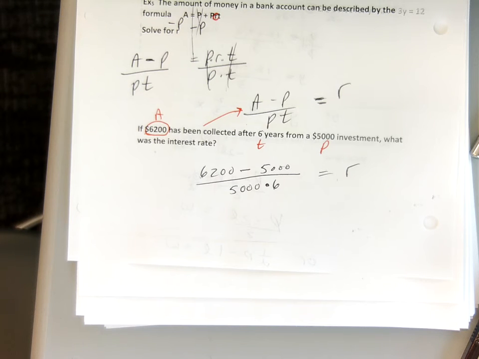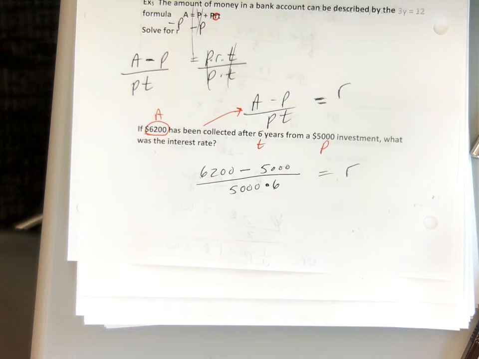That's A, my amount, put right there. 6 years, I put that in for T. 5,000 is my principal, so I put it in both places. Now I'm just going to use a calculator to find out the interest rate.